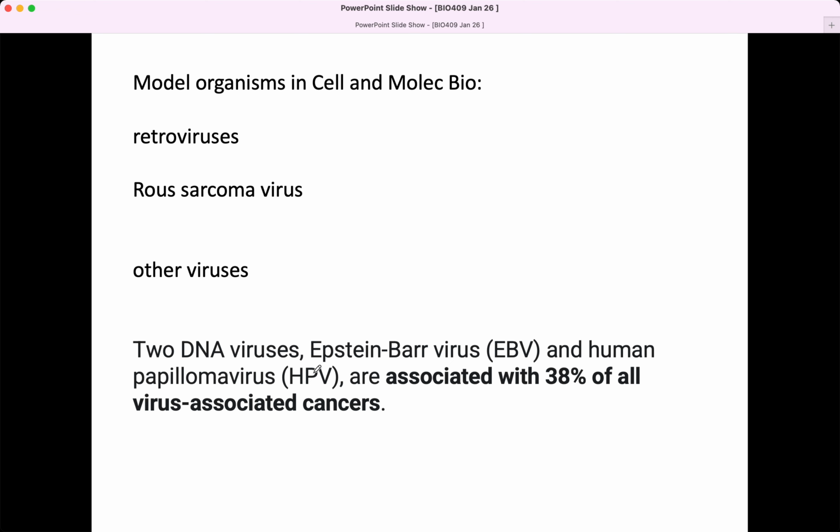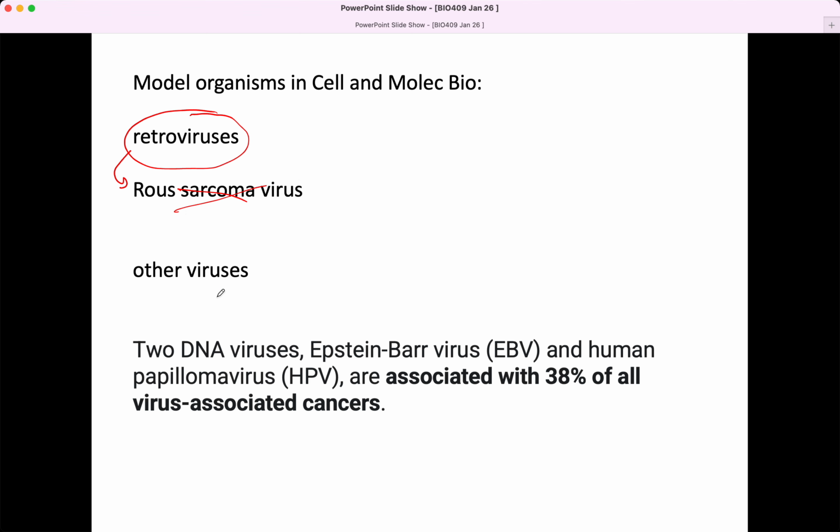So another thing is this idea of viruses, and we'll talk some about viruses in our course because they're used as a model organism. They're also studied because of what they do. The most common type of virus that we're going to talk about is retroviruses, and we'll explain how they fit into our course. And here's just an example of the name of a particular retrovirus, and you don't need to know that name, but we'll talk about it.